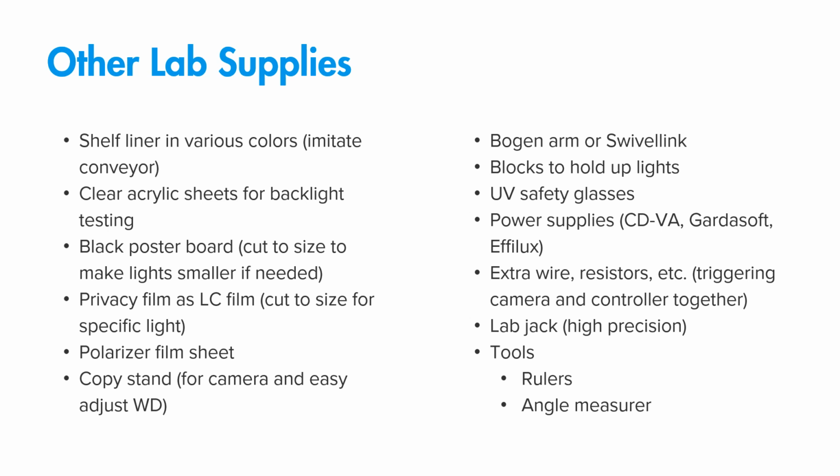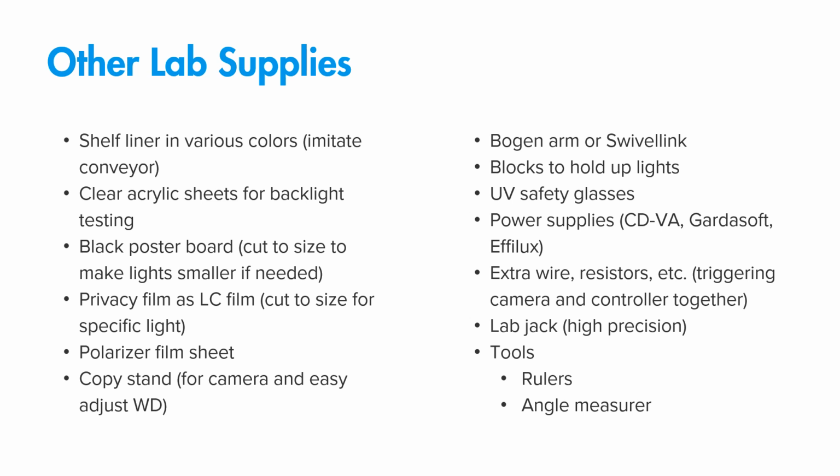A lab jack is essentially what you would think, a car jack, but for your lab. It's a little table that you can turn a knob and it will move the table up and down with really fine precision control.